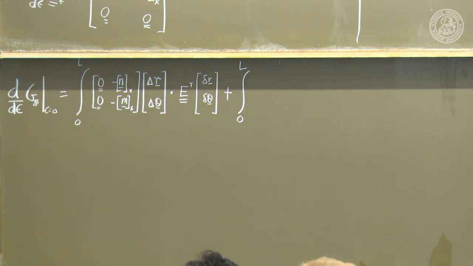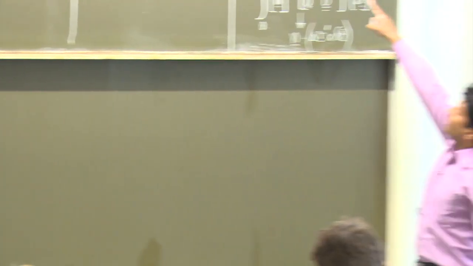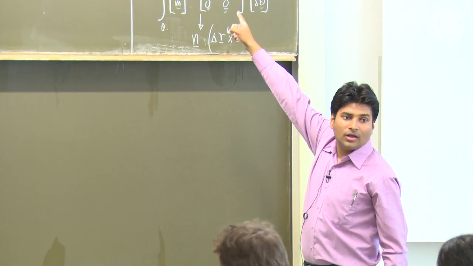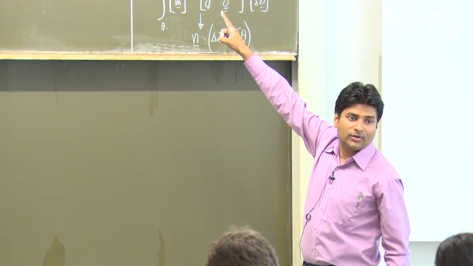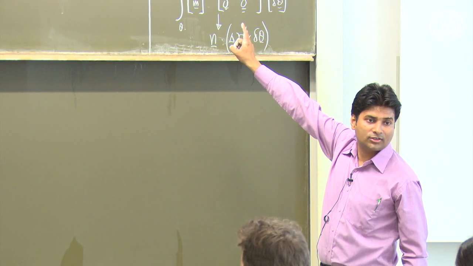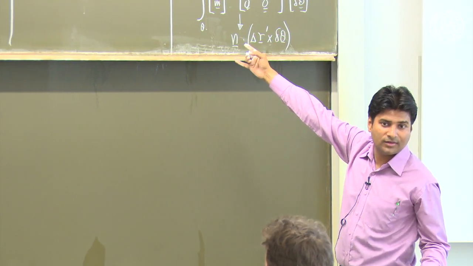And now I am just going to introduce some compact notation. What you see over there, big R 0, 0, big R, I am going to write pi for it. So it's a 6 cross 6 matrix, I just call it pi.